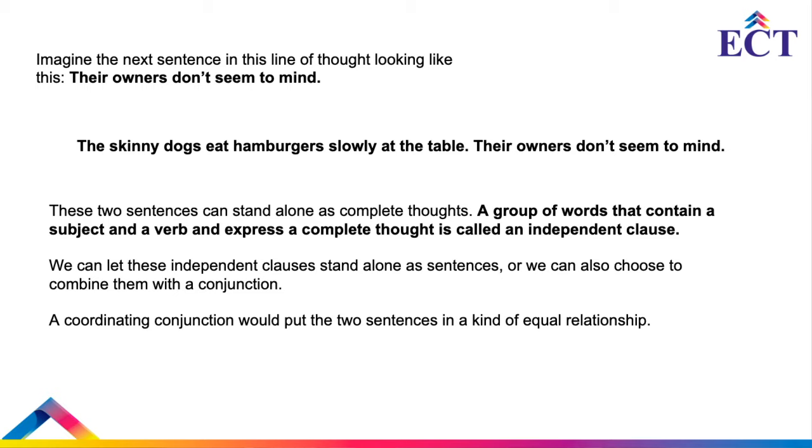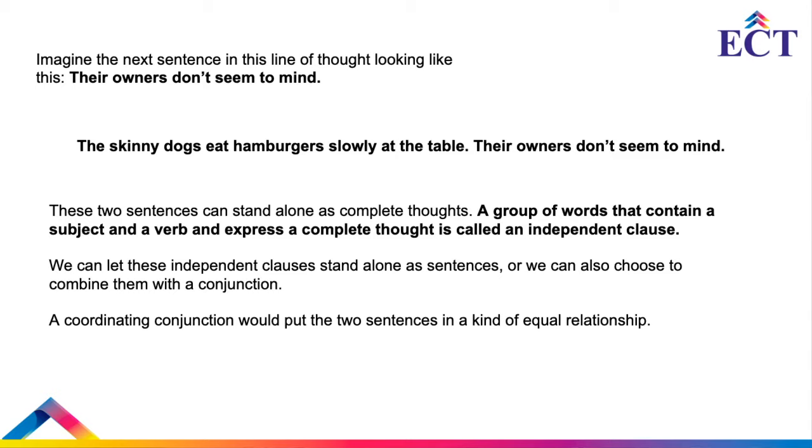When we say any group of words that have a subject and verb and express a complete thought, it means they are independent on their own. If you just tell that sentence to anyone, and they get the complete meaning of that part of the group of words, then it is called an independent clause.